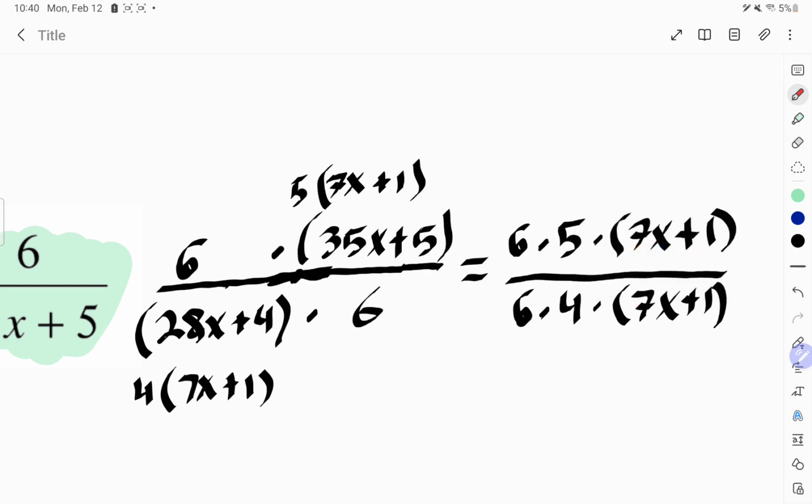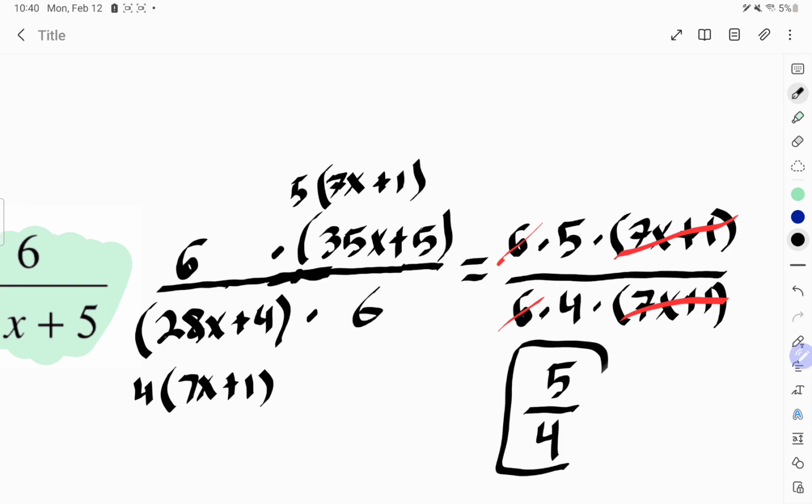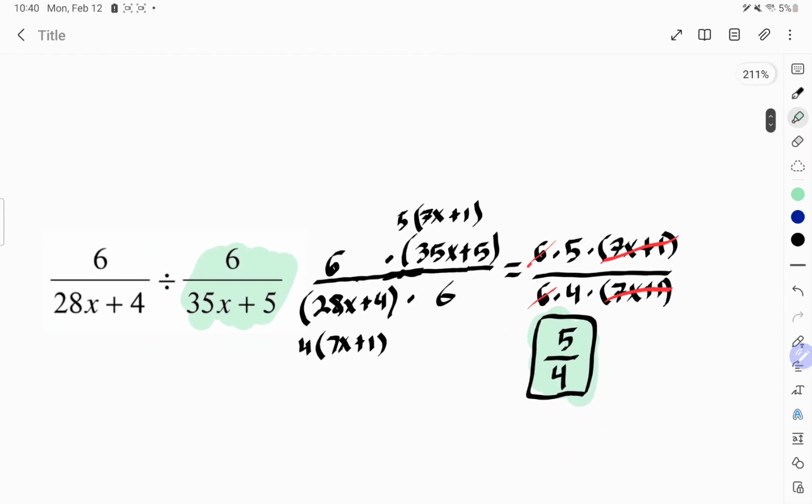Anything that's the same cancels out. So 7x plus 1 cancels out, the 6 cancels out with the 6, and the only thing that we have left is the 5 over the 4. And that is my answer. And we're done. And that is the entire problem right there.